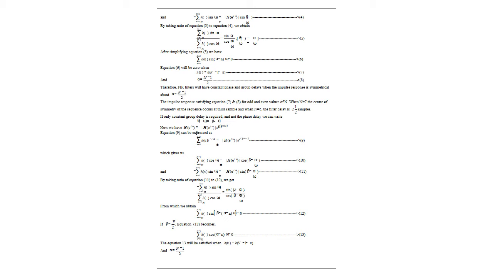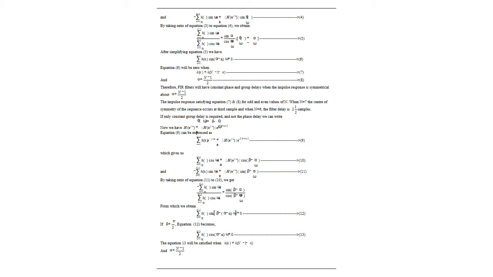So that is H of e power j omega is equal to modulus of H of e power j omega into e power minus j theta omega. So equation 9 can be expressed as the summation n equal to 0 to N minus 1 of h of n e power minus j omega n, that is equal to plus or minus the modulus of H of e power j omega into e power j (beta minus theta omega).